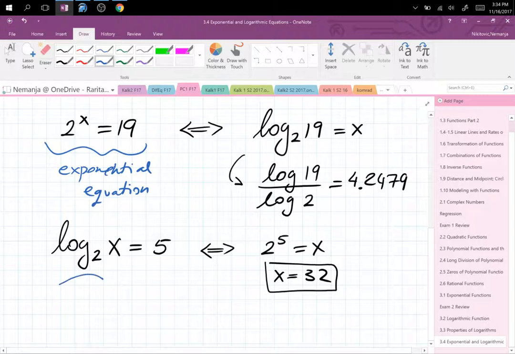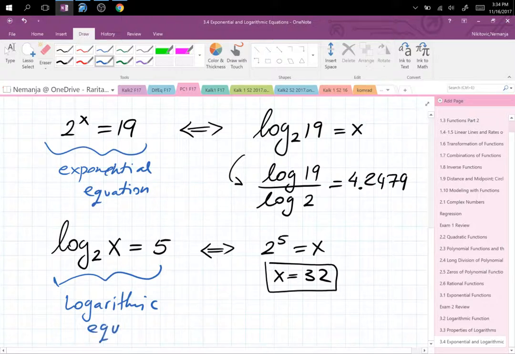The creature on the bottom is called a logarithmic equation, and we use exponential form to solve it. We use the conversion formula in both of these cases, and that goes for the rest of the section.